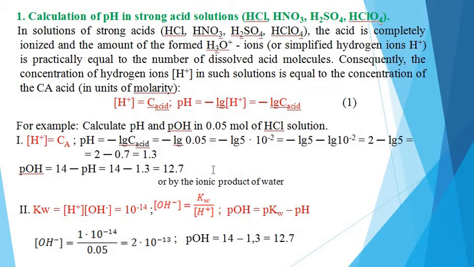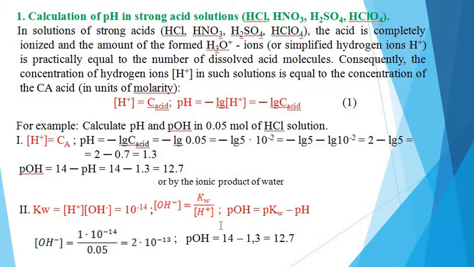It is possible to find pH and pOH by the ionic product of water, knowing the constant of autoprotolysis, which is equal to the product of the concentrations of hydrogen and hydroxide ions, and it is equal to 10 to the minus 14 power.